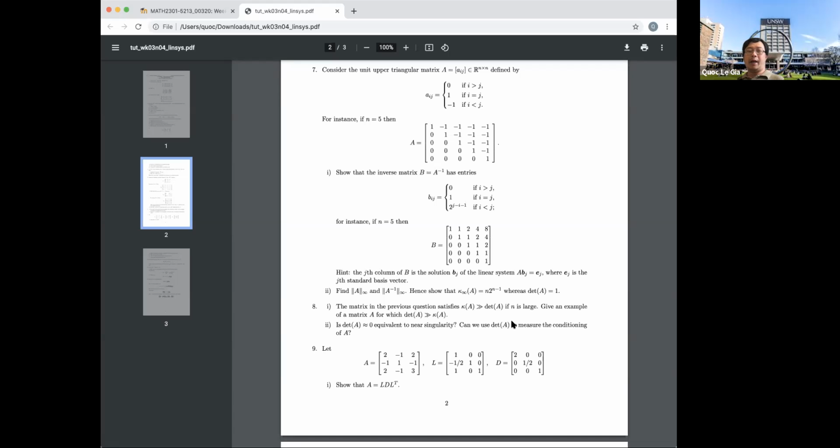But if you take the identity matrix, the determinant is 1. So it's fixed. And the condition number is 1 as well. But what happens if you multiply the identity with a number? Okay, so now we expand more.